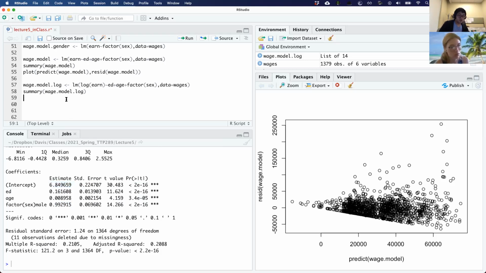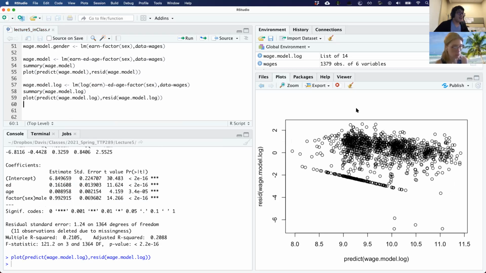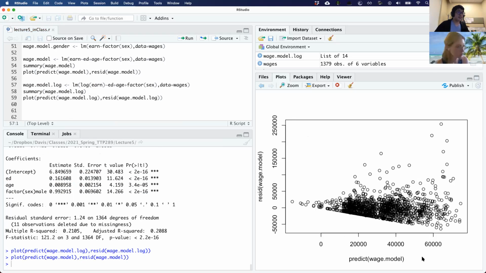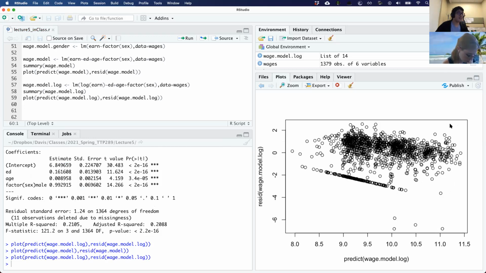Let's look at the residuals of this one. Okay, and now, compared to the previous one, where the spread is really big, you've got a lot of points outside the cluster, as well as this sloped line that points aren't exceeding, we can see our residuals are to some degree a lot better.